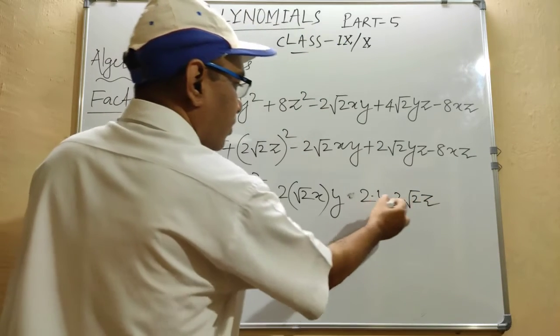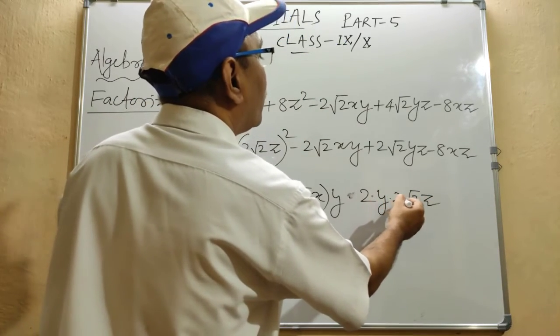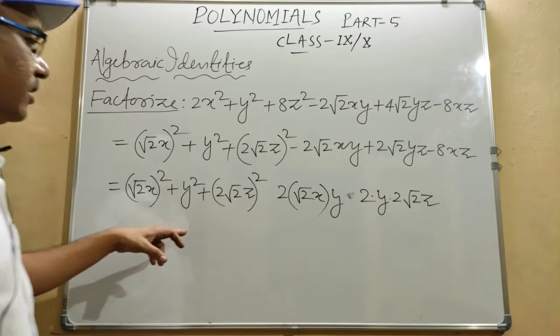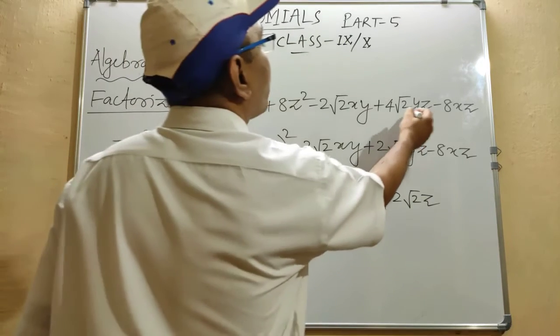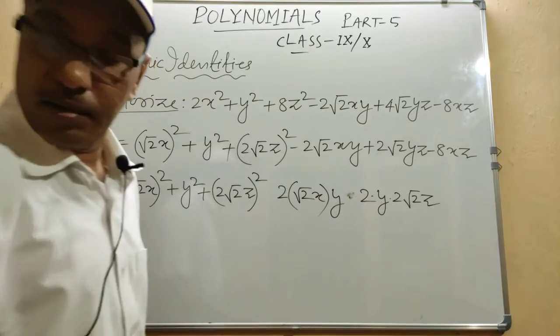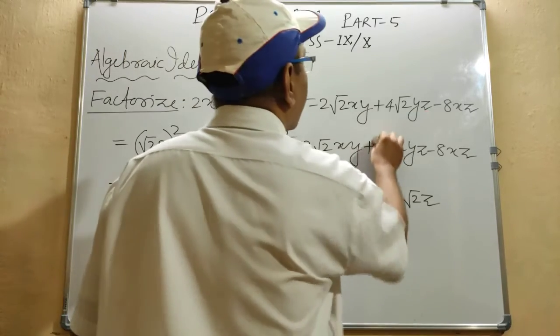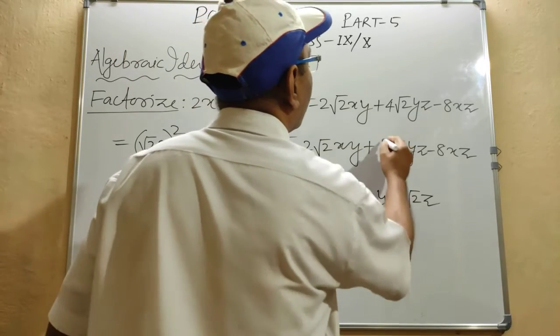See, it will come to 2ab. Here this was 4yz. Just a minute. It is your 4.